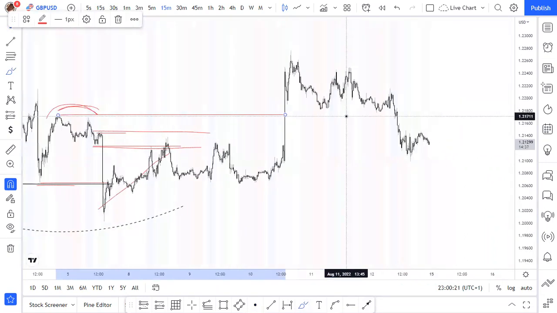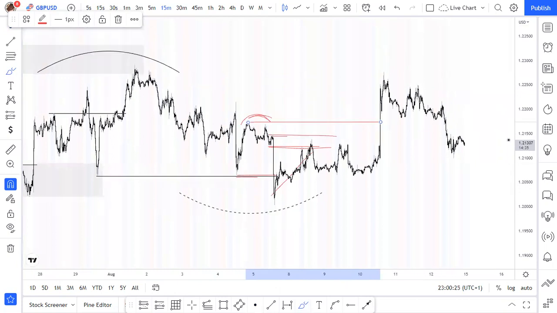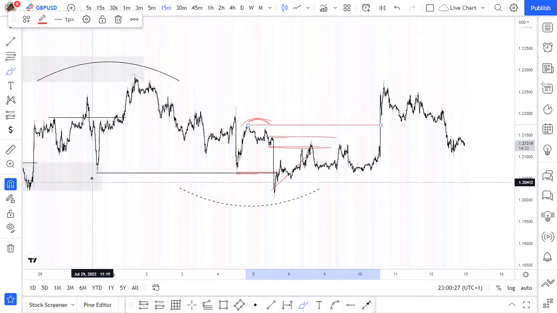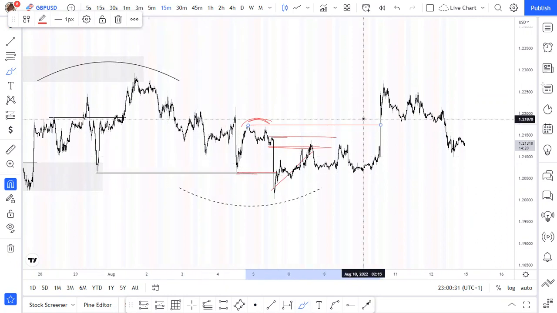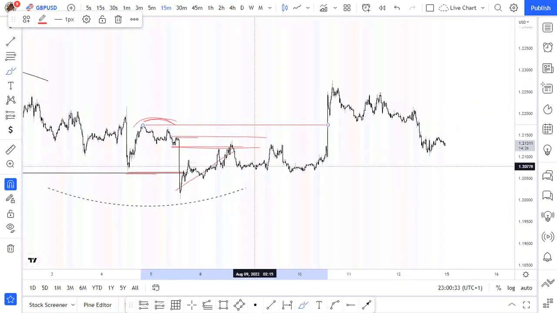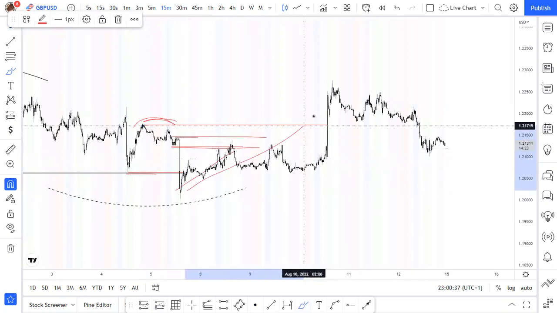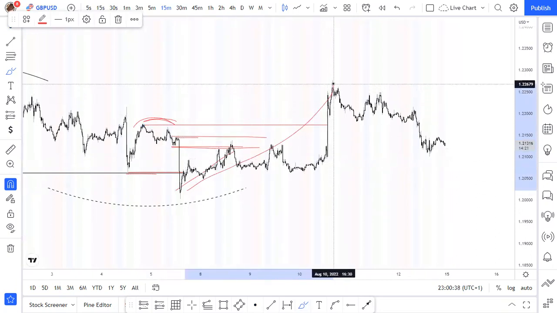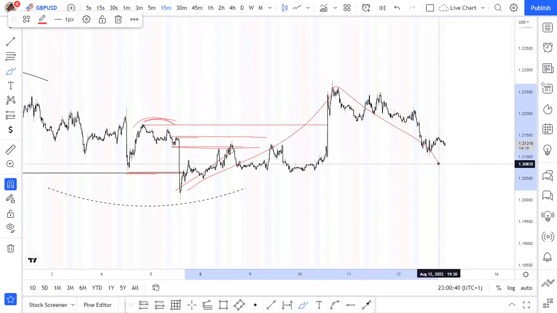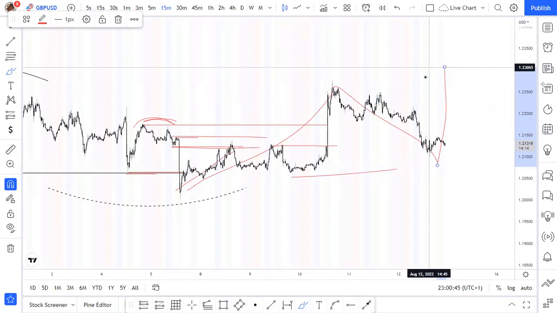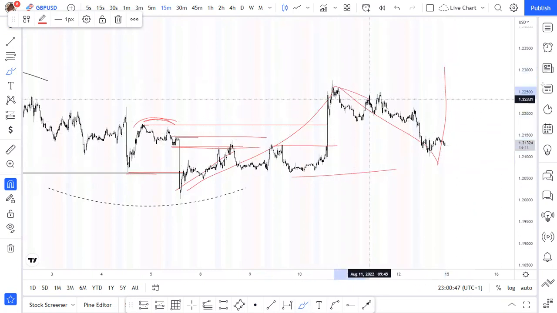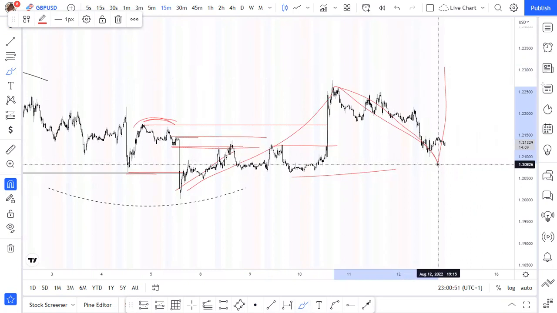So now this is the tricky part. We know that the structure of the 4 hour has broken the bullish structure, but it's not confirmed yet. And here on the 15 minutes, you can either look at this whole push as a single push and maybe expect price to respect some of these ranges and then continue up. But when you look at structure like this, you are mostly just following what the 15-minute structure is telling you alone.